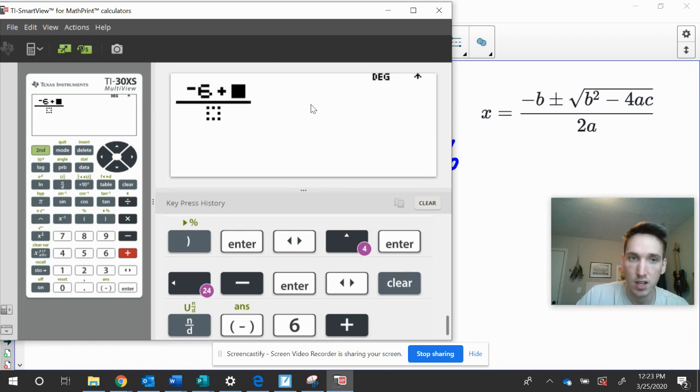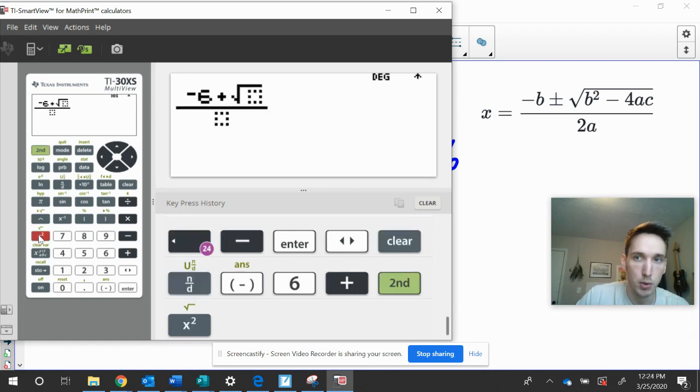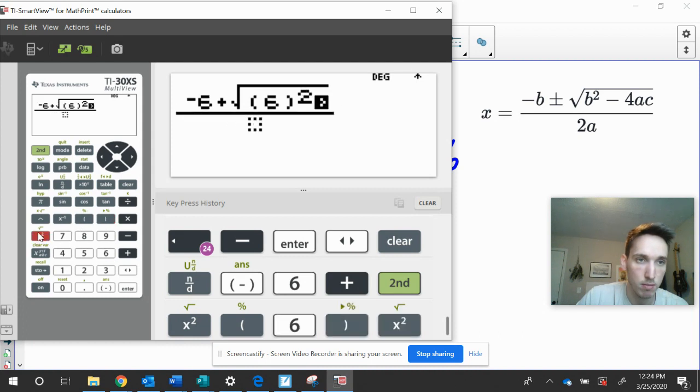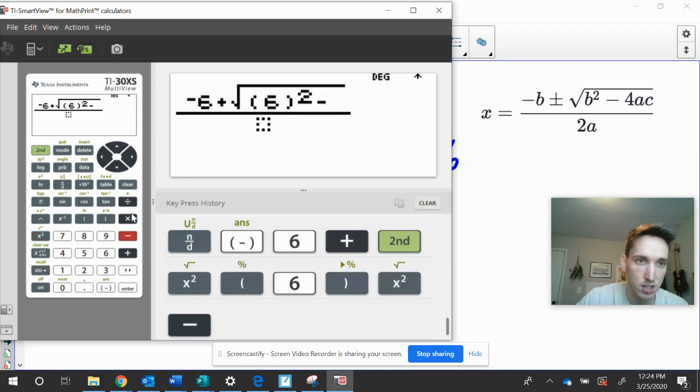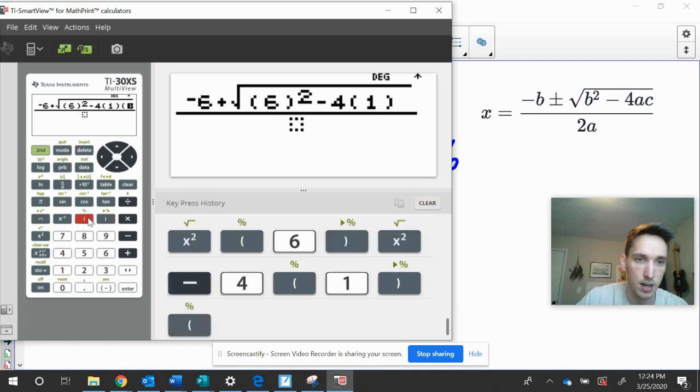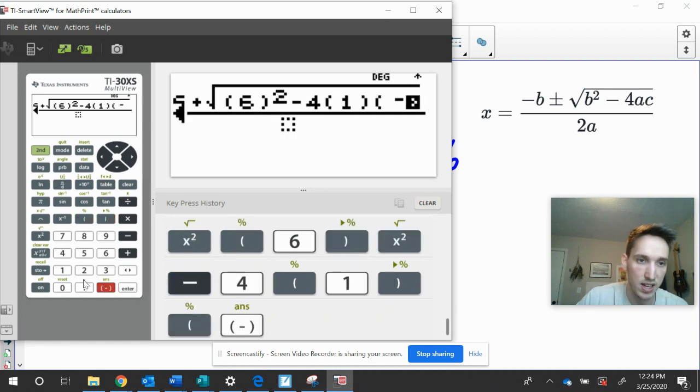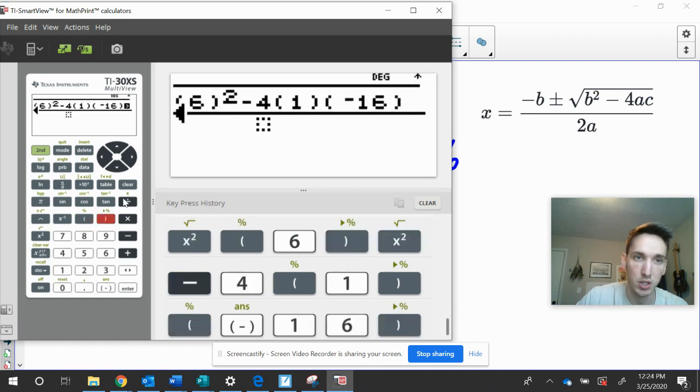So plus the square root of b squared, well, b is 6. So 6 squared, remember, always put that in parentheses, minus 4 times a, which is 1, times c, which was negative 16. So again, I'm just typing into the calculator what we wrote out down there, right?